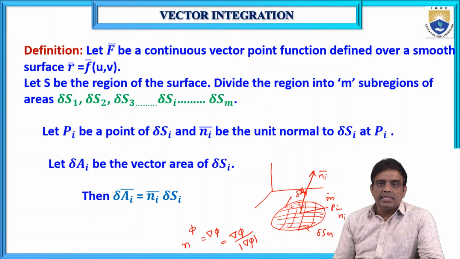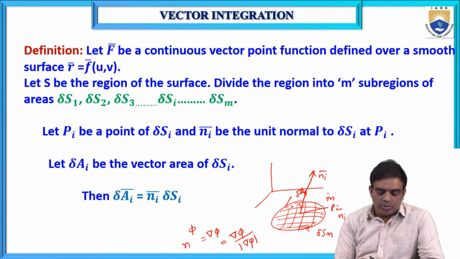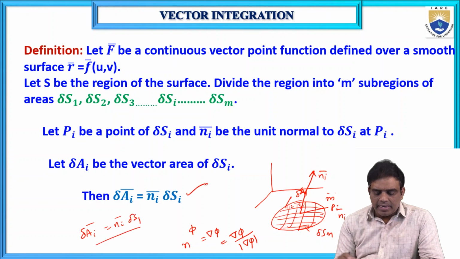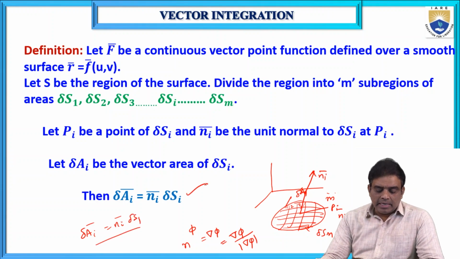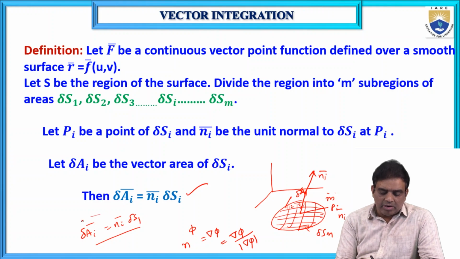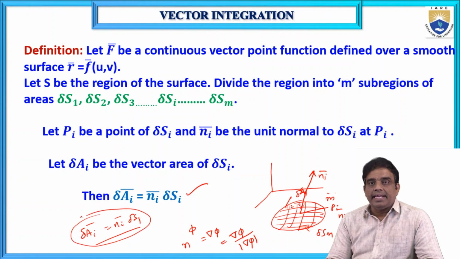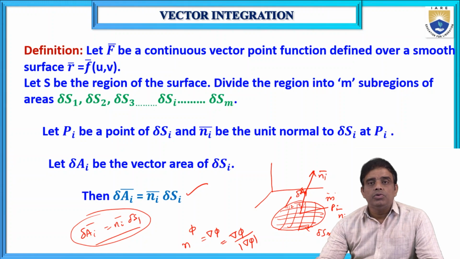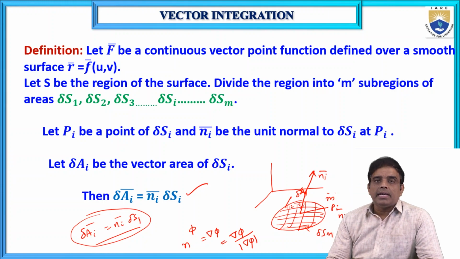Vector area means delta Ai bar is equal to Ni bar into delta Si, where delta Si is the normal area of the surface, and Ni bar is the vector. This is called the vector area. Vector area is obtained by Ni bar into delta Si.